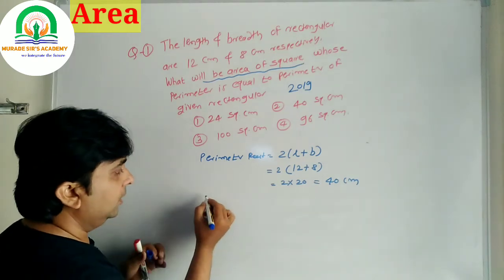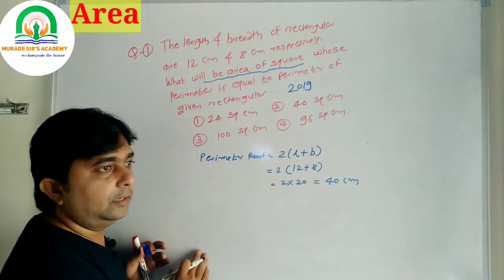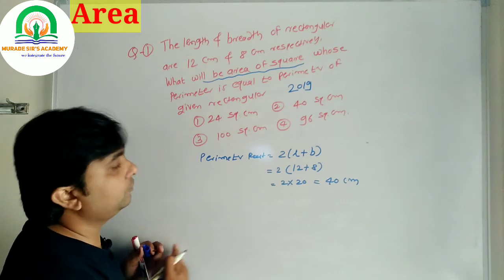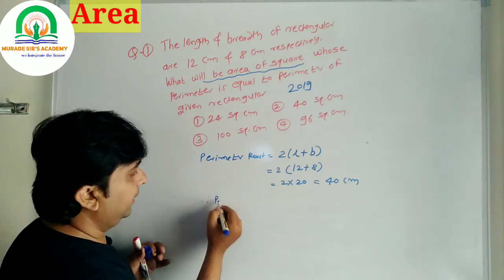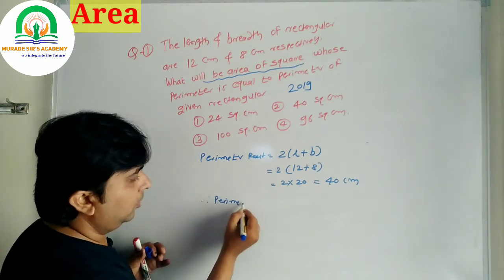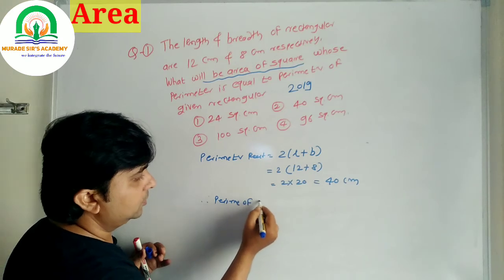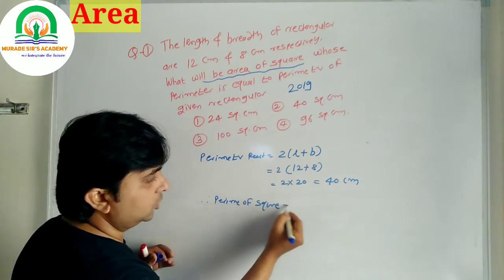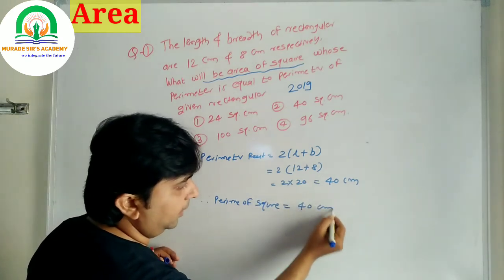This same perimeter is equal to the perimeter of the square. Therefore the perimeter of the square is also 40 centimeter.